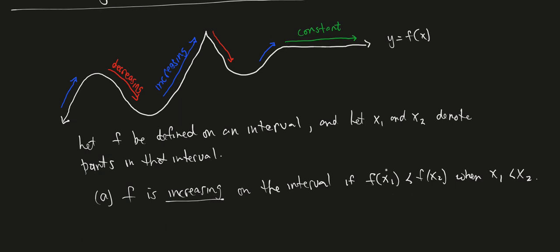So again, remember that the f here is referring to the y values. So this is saying if your x1 is less than your x2 and the function is increasing, then f of x1 would have to be less than f of x2, right?